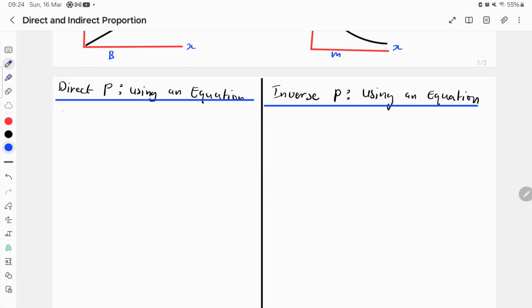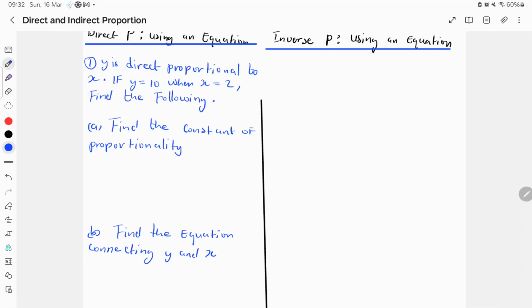Question number 1. You can see I wrote down some questions here. It says: y is directly proportional to x.